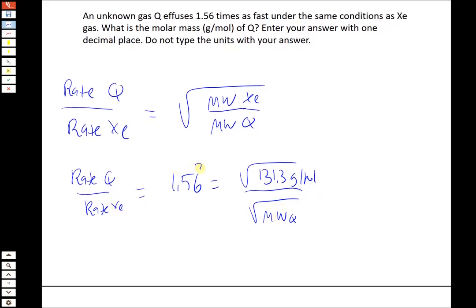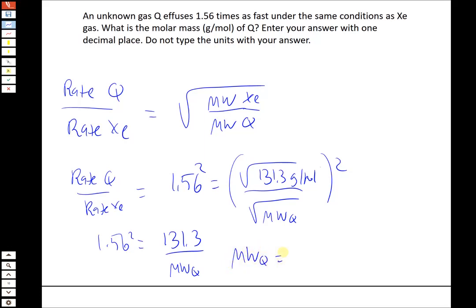So we're going to square both sides. So 1.56 squared is going to be equal to 131.3 divided by the molar mass of Q. And so when we solve for the molar mass of Q, just using that algebra, that will give us the answer there.